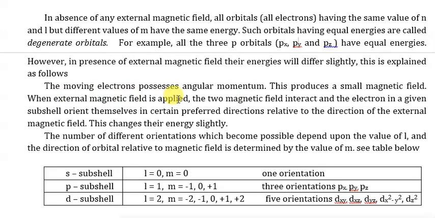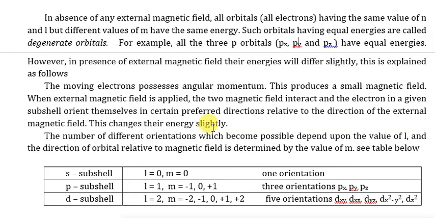When external magnetic field is applied, the two magnetic fields interact and the electrons in a given subshell orient themselves in a certain preferred direction relative to the direction of external magnetic field. This changes their energy slightly. Kwa hiyo mkao wa atomic orbitals tukiwa tuna external magnetic field unabadilika.